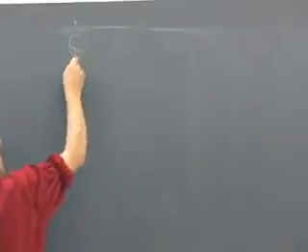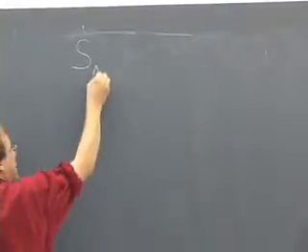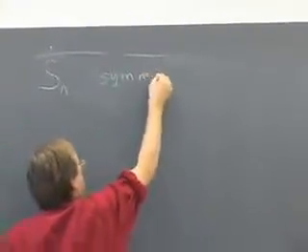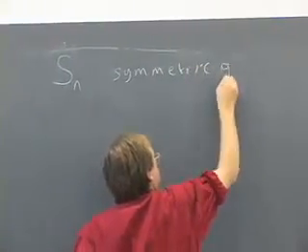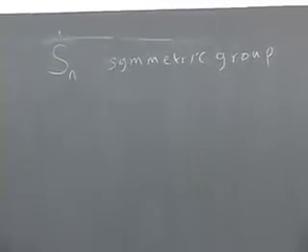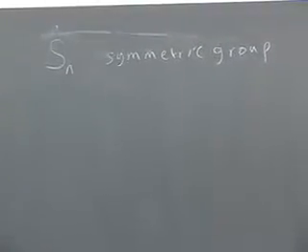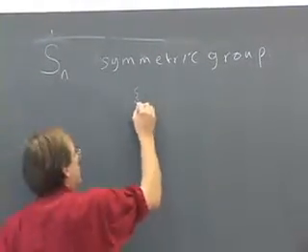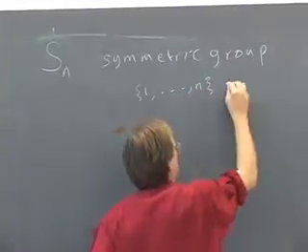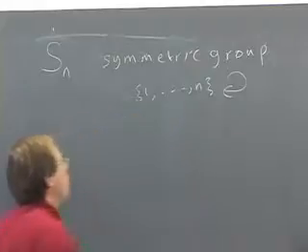It's traditional to write Sn for the symmetric group of n letters, which is the set of bijections from the set of n elements to itself. And traditionally you label those elements 1 to n.